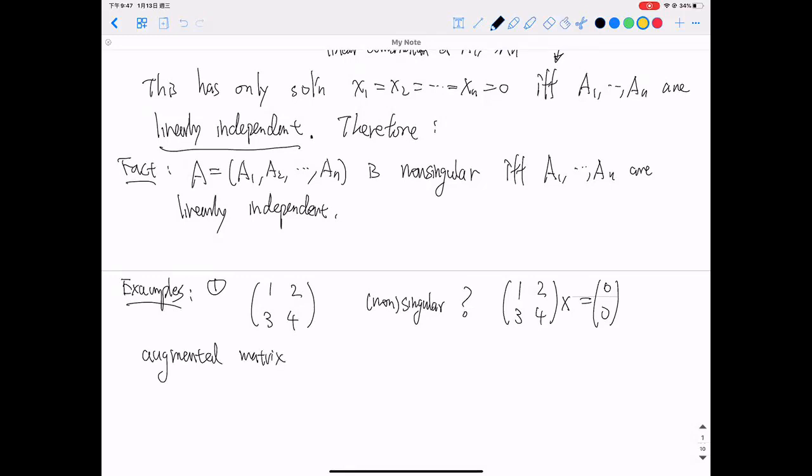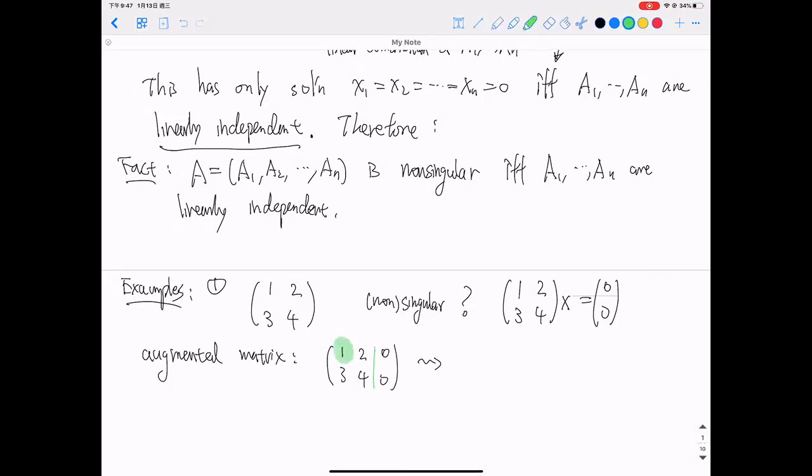We know how to solve them. We form the augmented matrix and try to transform it into reduced row echelon form.